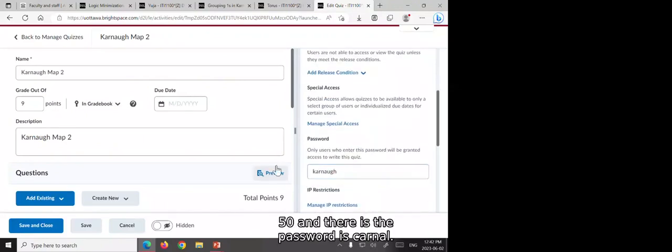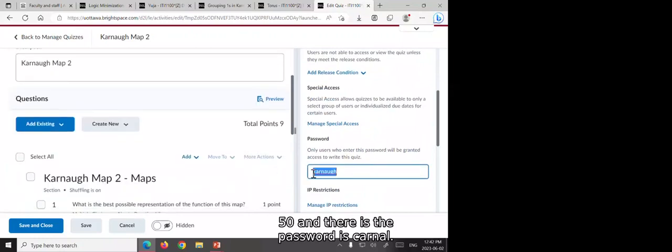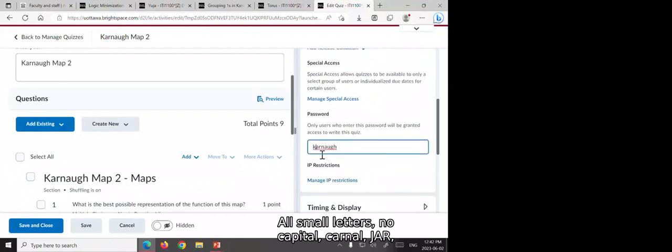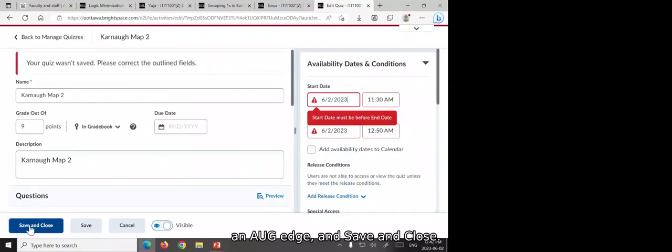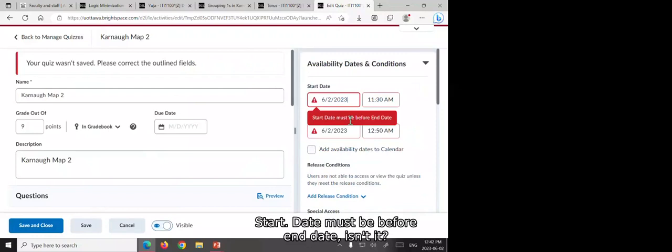Okay. 12:50, and the password is Carno, all small letters, no capital. Carno, Karnaugh, and save and close. Oh, start date must be before end date, isn't it done?